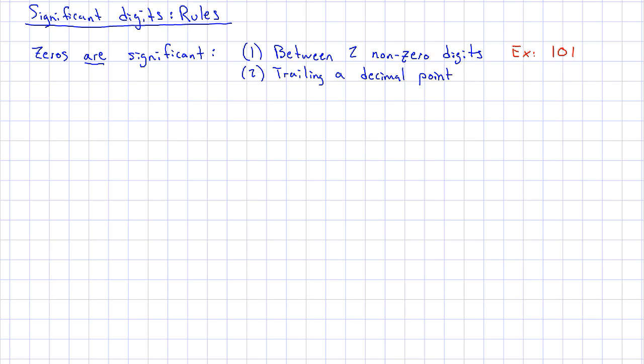So here an example would be 20.0. The fact that that 0.0 is included indicates that it is significant. If it's not significant, then the author or whoever is writing this down would eliminate it. So this has 3 significant digits.